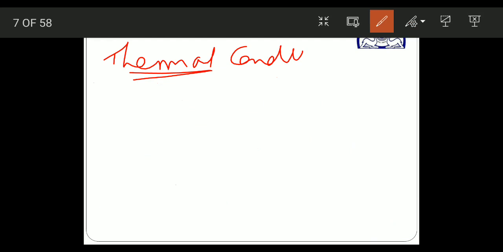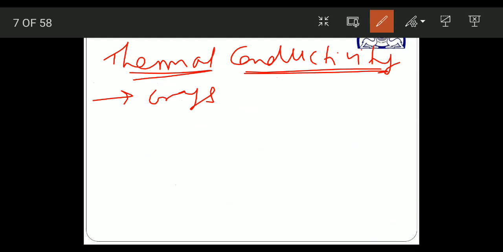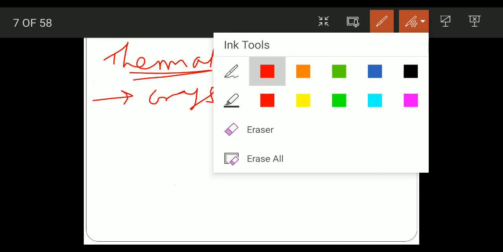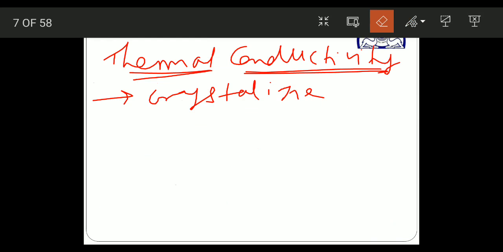So let us find the reason behind that. As we have studied, thermal conductivity mainly depends on the crystalline structure of the material or body.